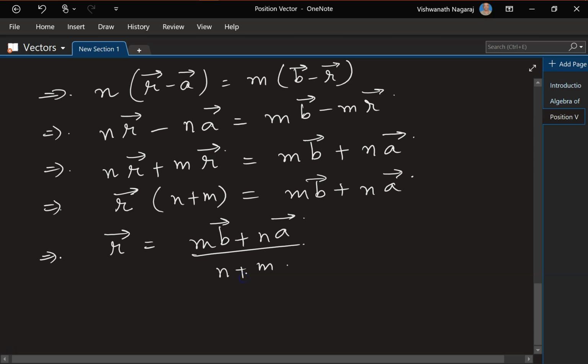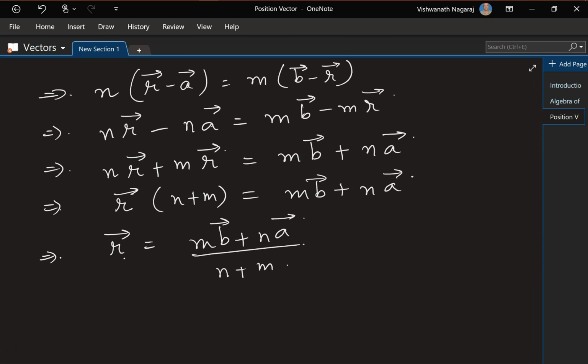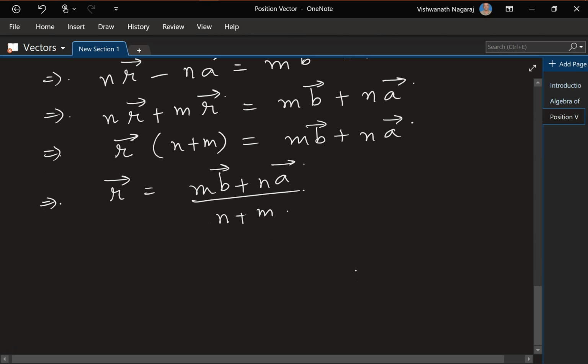So R is equal to (mB plus nA) divided by (n plus m). So the vector R, which is nothing but the position vector of P, is equal to (mB plus nA) by (m plus n). Now this is when the division is internal.